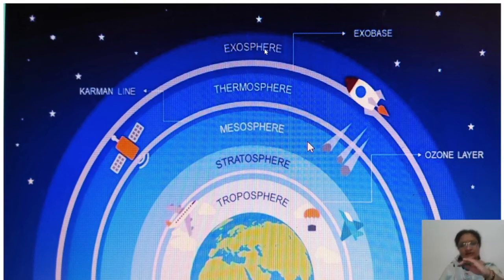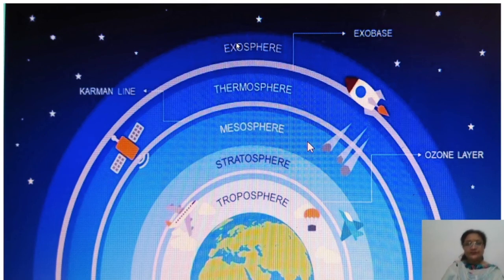There is no clear-cut limit of the atmosphere of Earth, right? We say it goes till a height of approximately 1500 kilometers or so, because the outermost part of the exosphere merges with the outer space, right? So we cannot say there is a clear-cut boundary or a line till where the atmosphere of Earth can be seen.